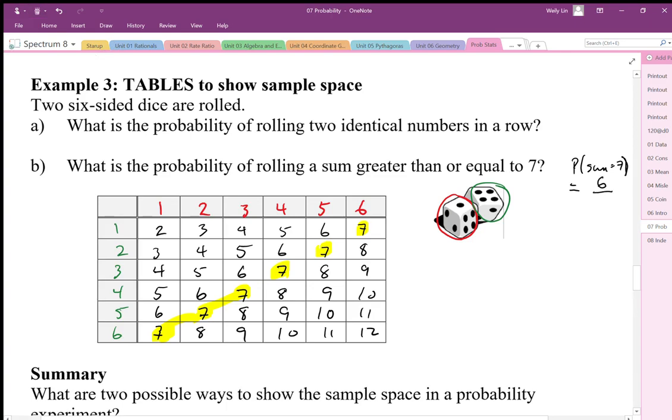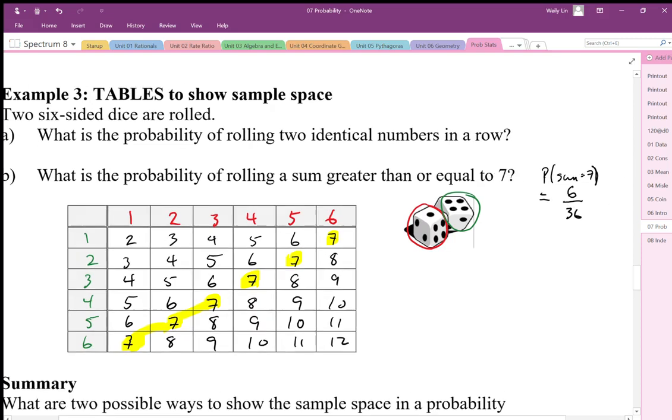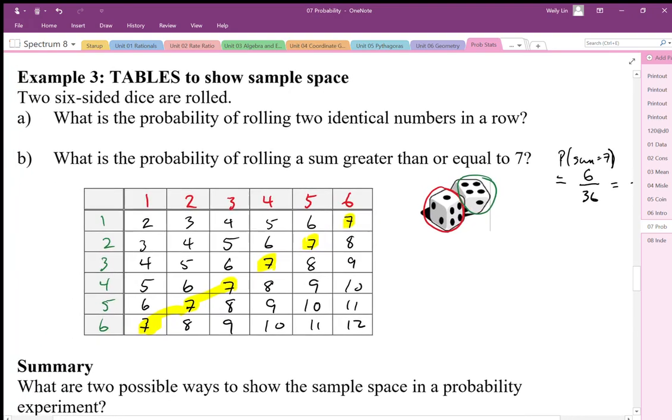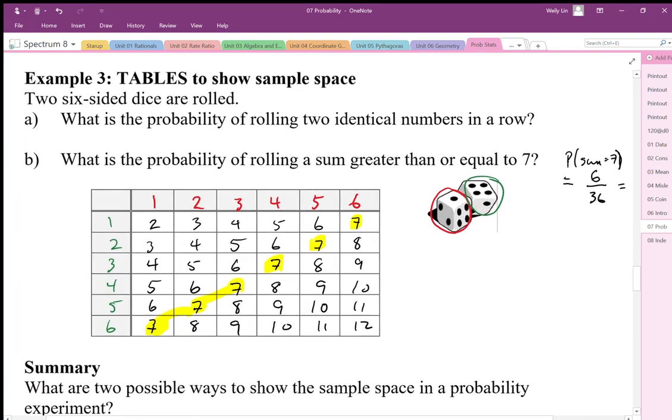And my sample space is a 6 by 6 grid, so there's going to be 36 possibilities. So this is where I got this probability of 1 over 6, because when you simplify that, that's 1 over 6, or just under 17%. So if you did enough dice rolls, you should have gotten that same result, just about 17%.